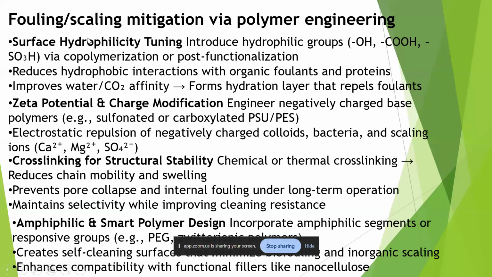The surface hydrophilicity: if the hydrophilicity is more, then the fouling can be reduced. So purposefully we will be tuning the chemistry in order to add more hydrophilic groups to reduce the fouling, and also the charge modification by making use of sulfonated or carboxylated PSF or PES.